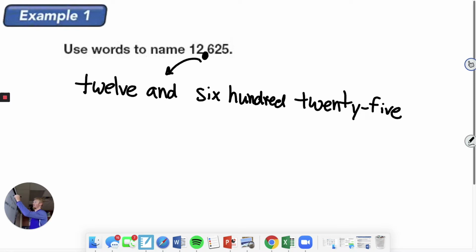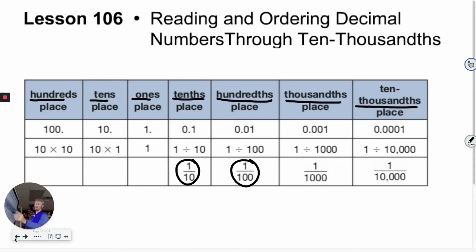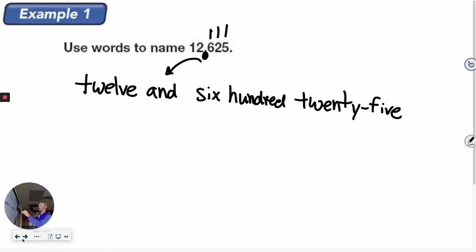This would be tenths, hundredths, thousandths. Right? If I look at my chart, tenths would be 1 decimal place, hundredths has 2, thousandths has 3. So this is going to be 12 and 625 thousandths, 3 decimal spots. And that's how I would properly name this number.